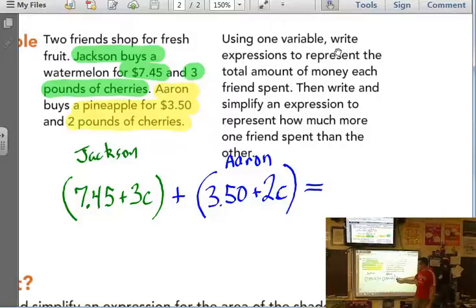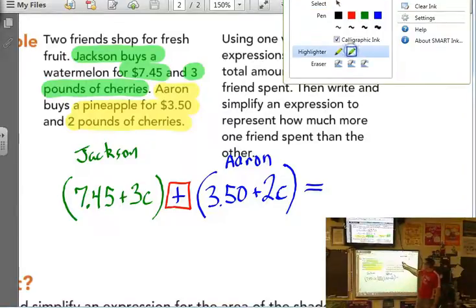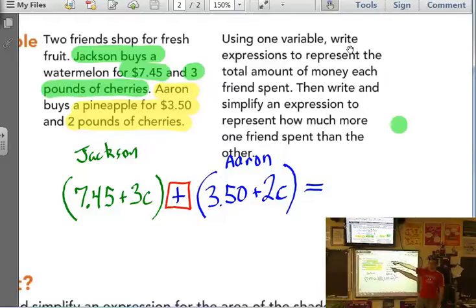So now when I go to combine these, this one's easy because we have addition between them. Is there anything that needs distributed? No. If you have highlighters, you can just color code, but I've already color coded up there, so I'm just going to connect with colors. Samantha, what would add together here?